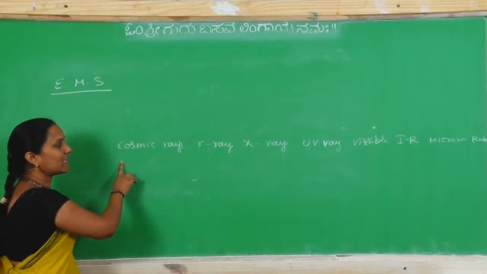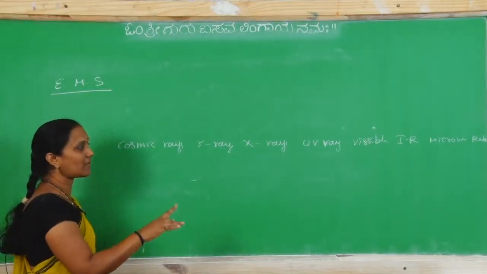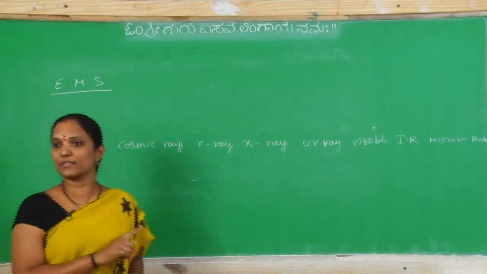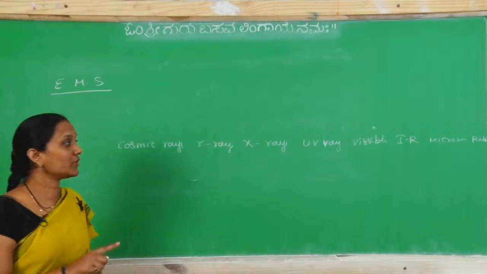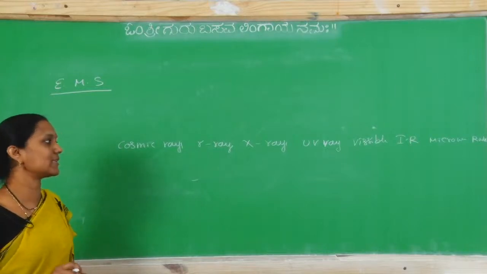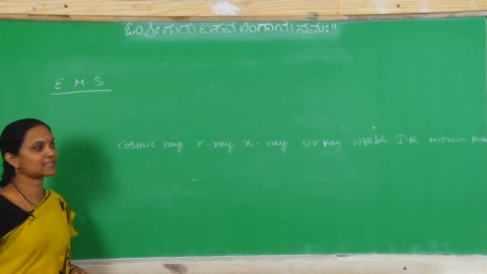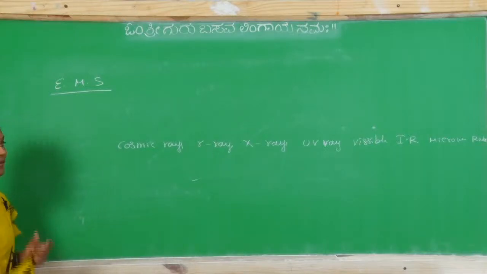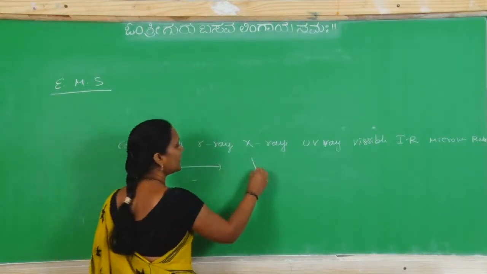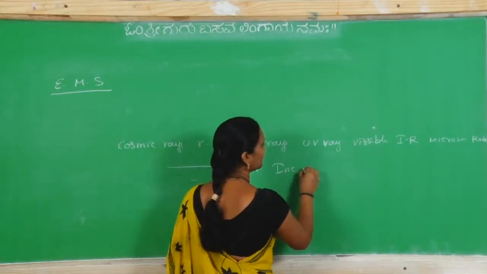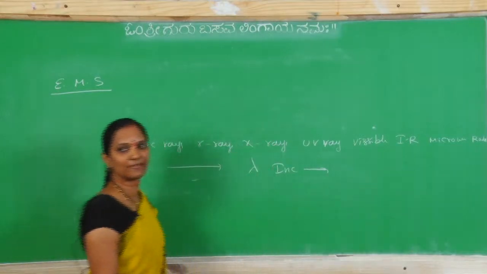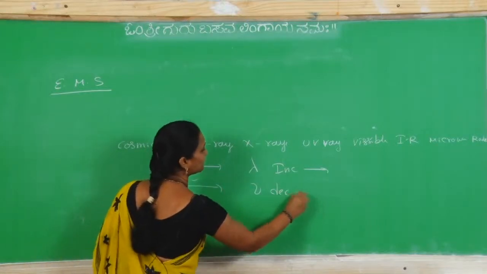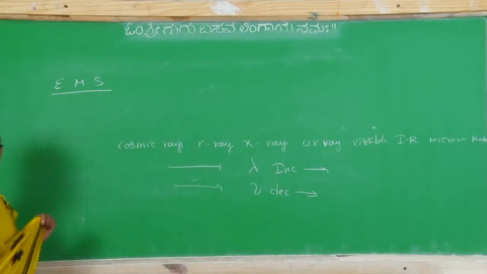Which are electromagnetic radiations? Cosmic rays, gamma rays, X-rays, UV rays (ultraviolet), visible rays, IR rays (infrared), microwaves, radio waves. These are electromagnetic radiations. All these radiations are arranged in increasing order of their wavelength, which means decreasing order of their frequency.